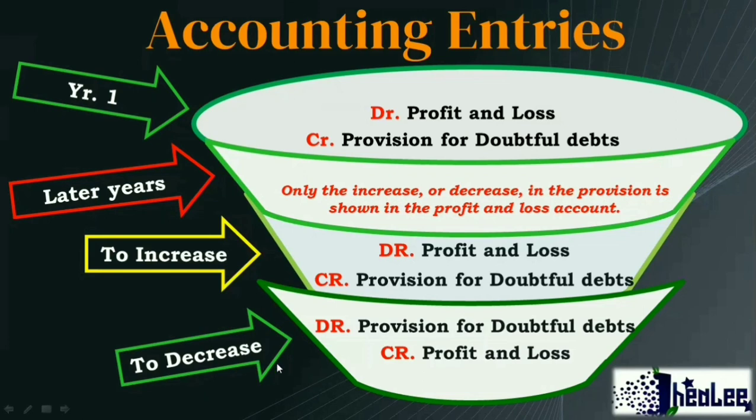And if there is a reduction, you would debit your provision for doubtful debts and you credit your profit and loss. Again, to recap, if it is the first year you're creating, the provision is an expense. Likewise, if you're increasing, it is an expense just the same. But if there is a reduction, it is a revenue.